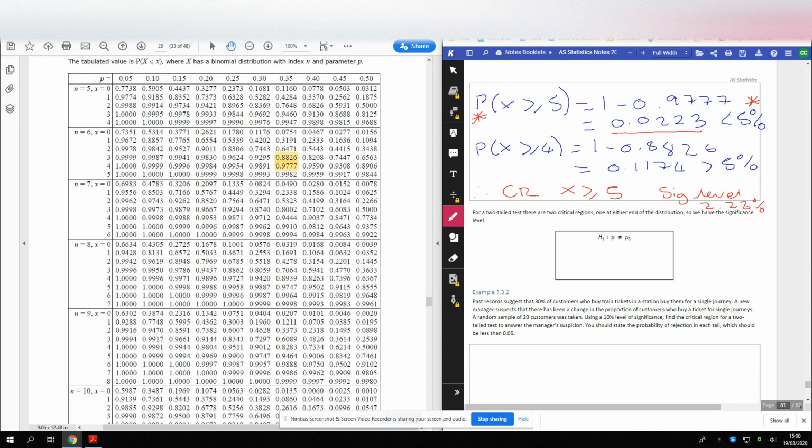If you're doing this on your calculator, it might be worth just pausing the video here, going to binomial CD and seeing if you can get this list up. When n equals 6, it wouldn't take your calculator too long to do 0, 1, 2, 3, 4, 5 and put that into your calculator. Obviously 6, if you put that in there on a cumulative distribution, you would get 1, so you don't need to bother with that top one.